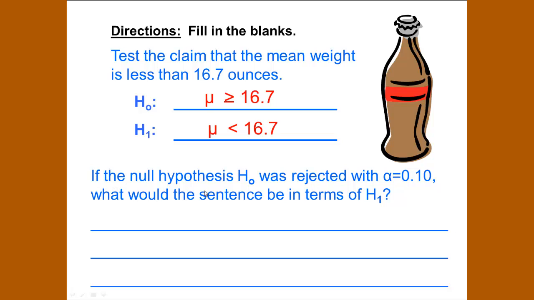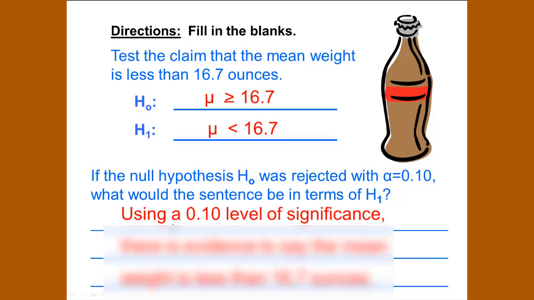If the null hypothesis, H0, was rejected with alpha equaling 0.10, what would the sentence be in terms of H1? If you would like, pause and try to write the sentence yourself. Because of our phrasing, the first part of the sentence should start with "using a 0.10 level of significance."